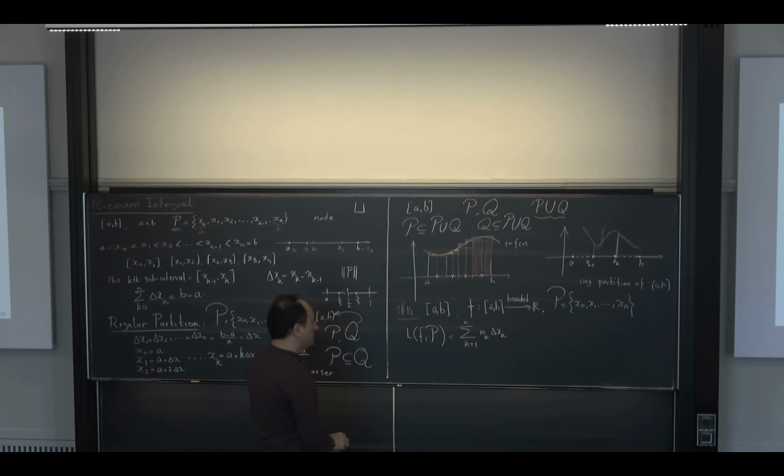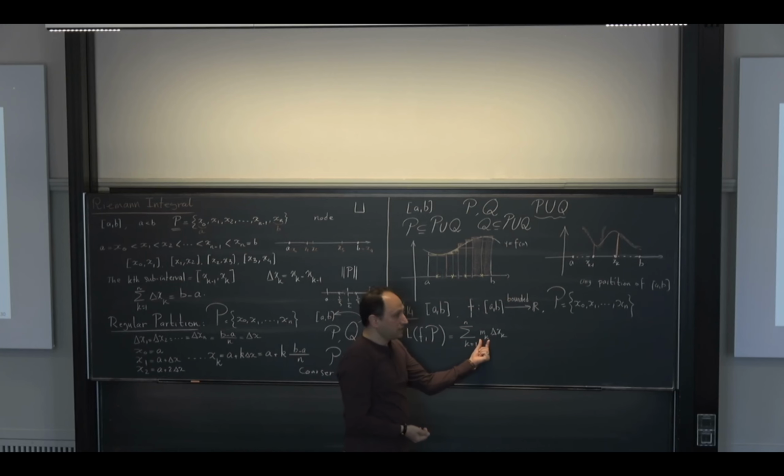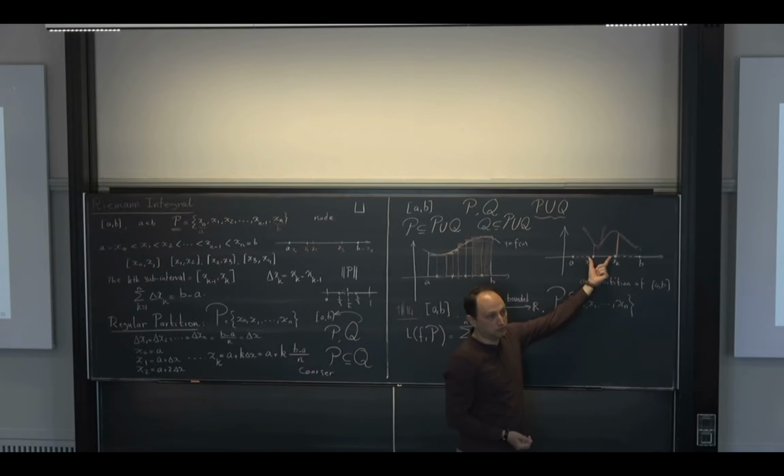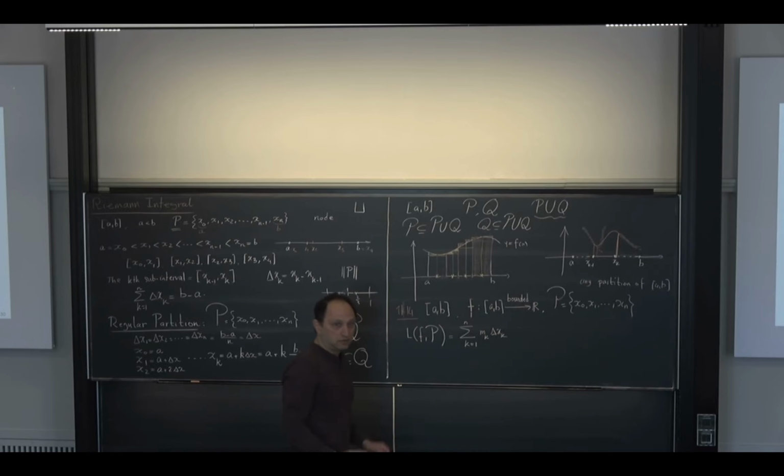So in calculus, what is m sub k? M sub k is the minimum height of your function on the kth interval. If I ask you to show it on the picture, what do you show? In this picture, this is m sub k. This is the lowest value of your function within that interval.